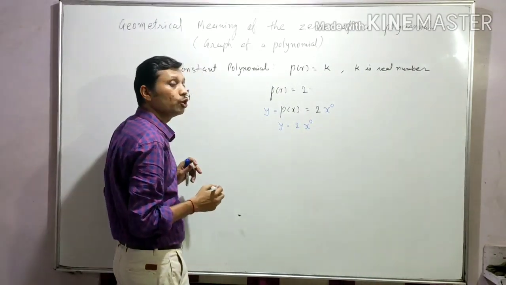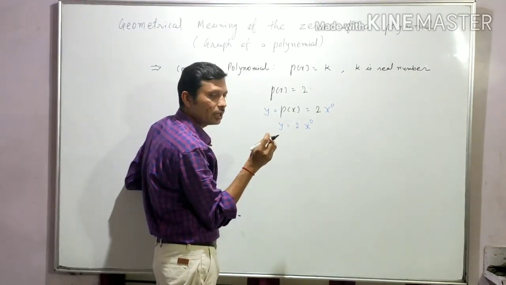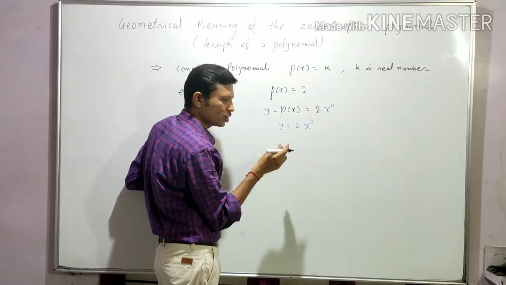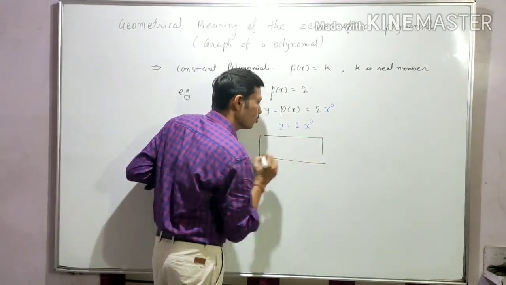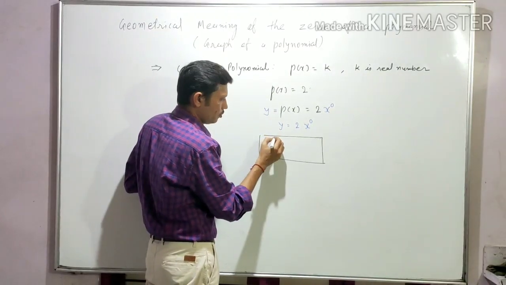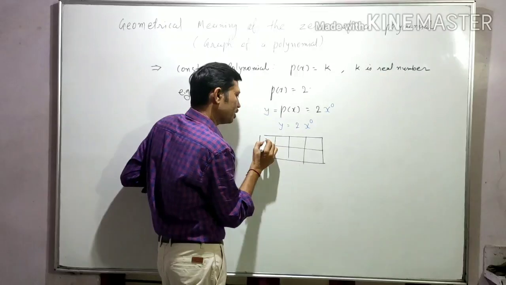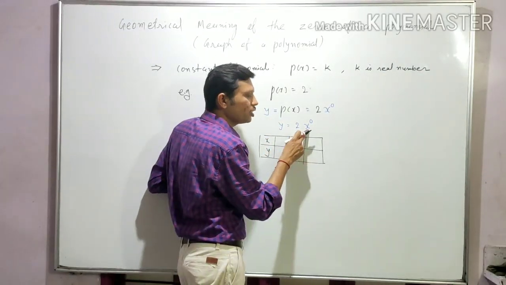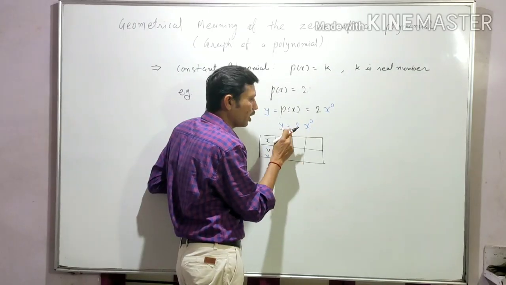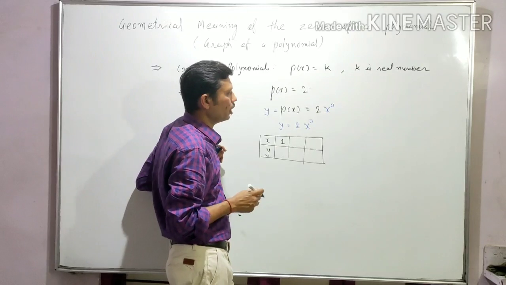Okay, now to plot the graph, what do we have to take? We need at least a minimum of 2 points, but on the safer side we will take 3 points. X coordinate and y coordinate. Now let's see here. We will take different values of x, because y is equal to 2x to the power 0. I have to take 1.